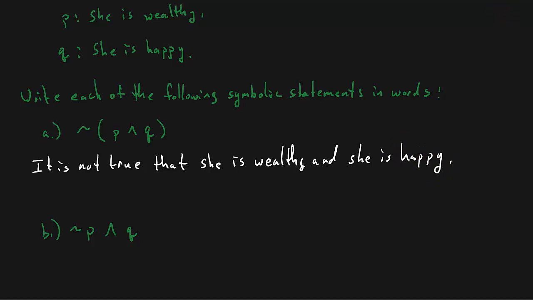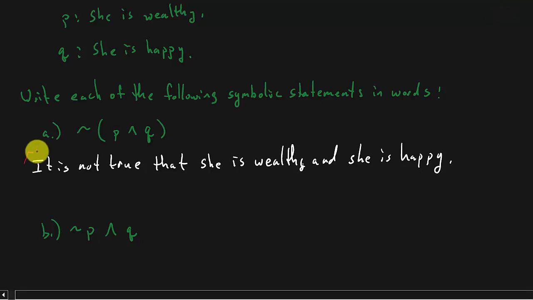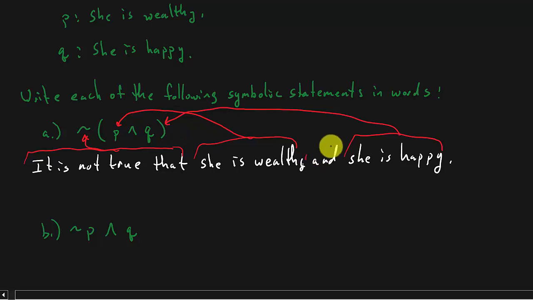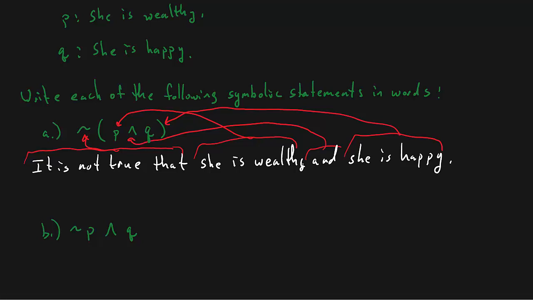All right, so remember this. She is wealthy, that's P. She is happy, that's Q. And then we've got the and here. So how could we go about writing this as a statement?